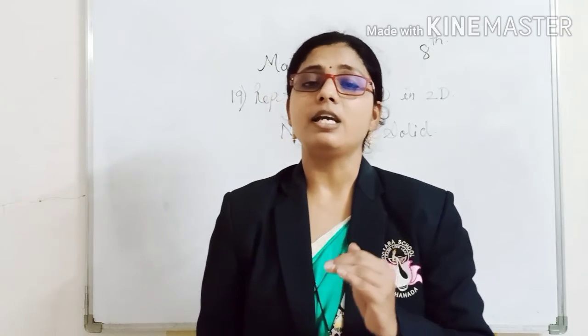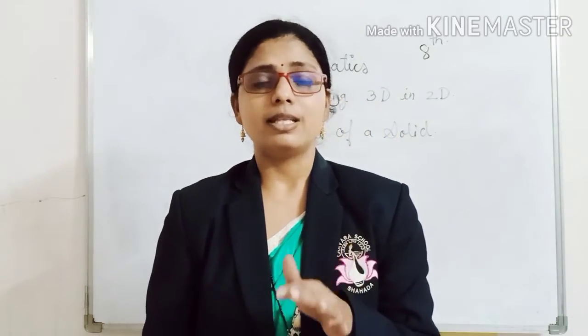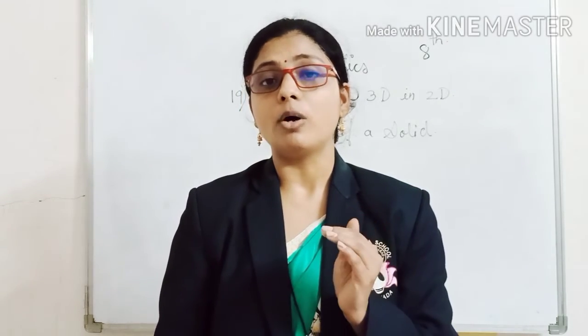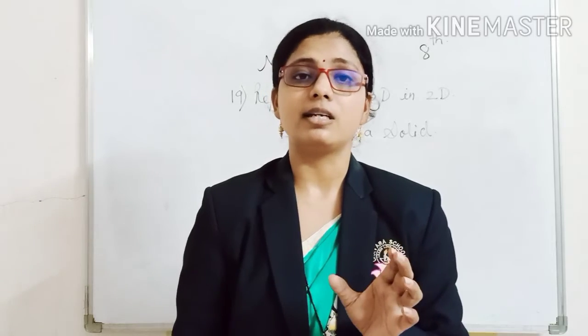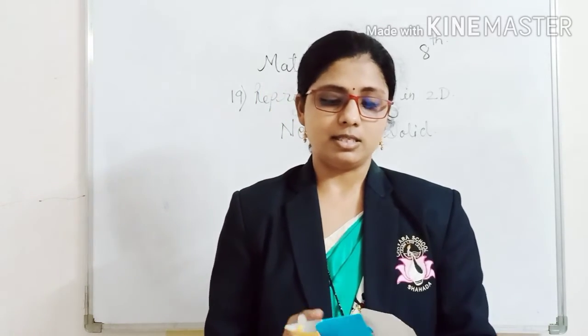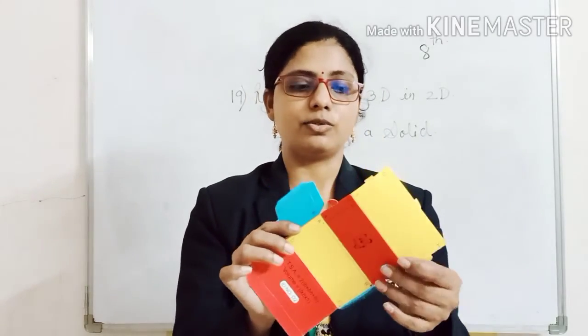For example, if you want to prepare a box, then you should know the proper size, and according to that the shapes can be cut and it can be prepared. In the same way, what I am going to show is known as a net. So this figure shows the net.